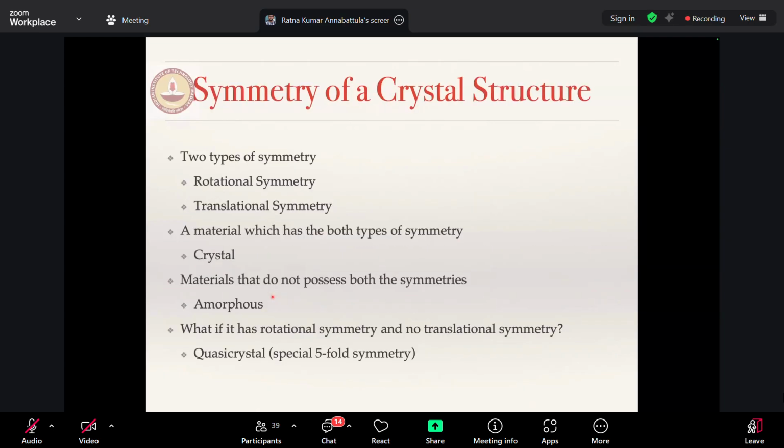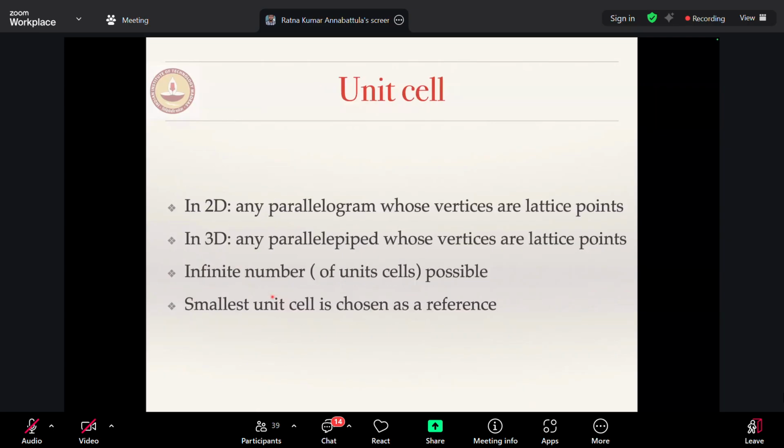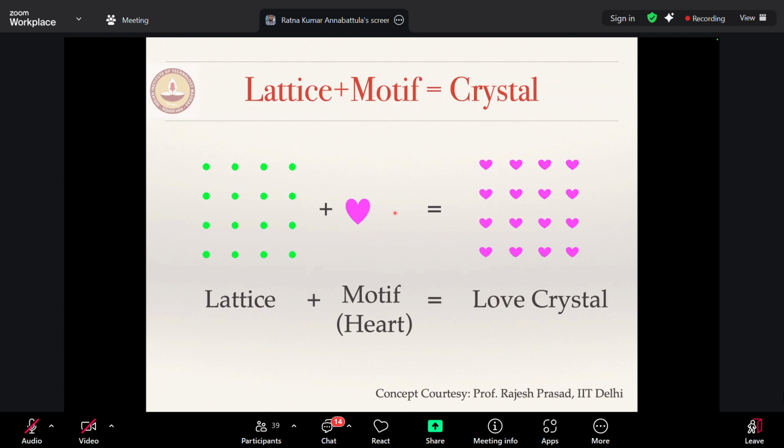All right. So now I would like to see why only a parallelogram will be a valid unit cell, right? So let us go back. In this particular scenario, let us see what happens when it is not a parallelogram.